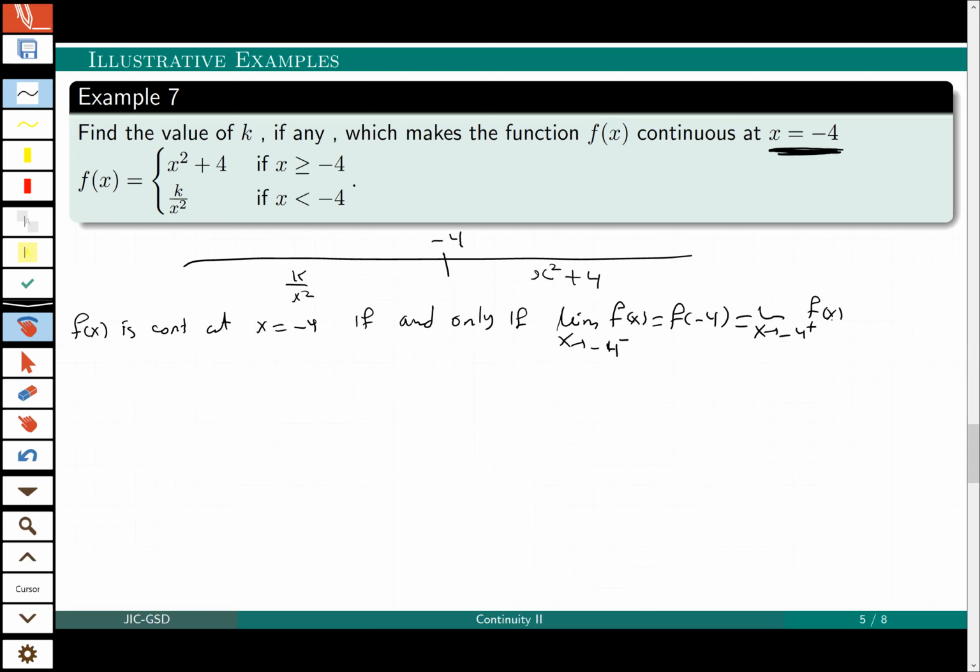So again, I have 3 parts, 1, 2, 3. So we should say here, the limit when x goes to -4 from left, it's k over x squared, which is k over 16.